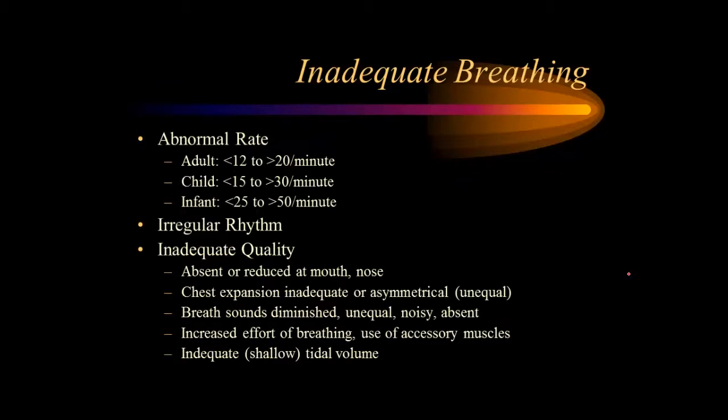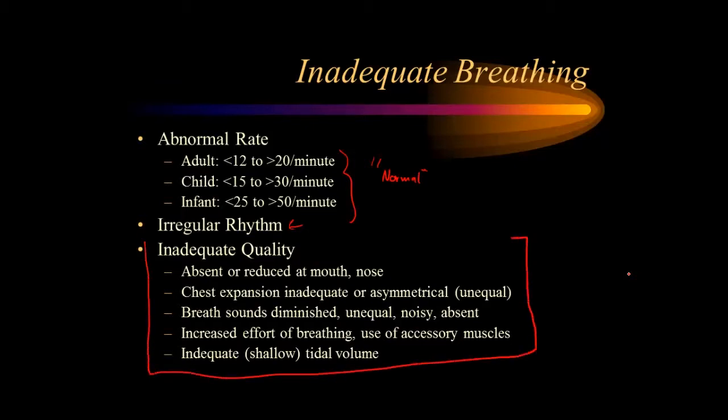Abnormal rates, well, anything outside of the normal range. Could be an irregular rhythm. And the biggest thing, again, I'm going to say here is inadequate quality. This is key, really assessing the quality.